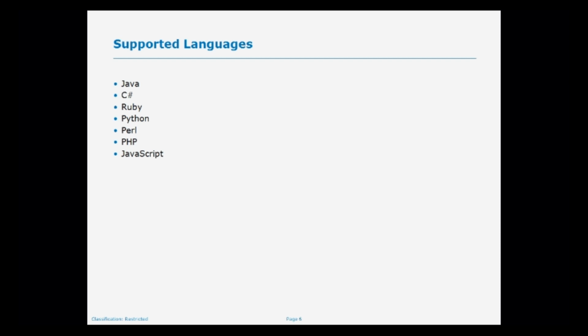So if you are proficient in any one of these languages, you can easily use the same language for performing testing using Selenium. We can use the Selenium API to automate the web application.